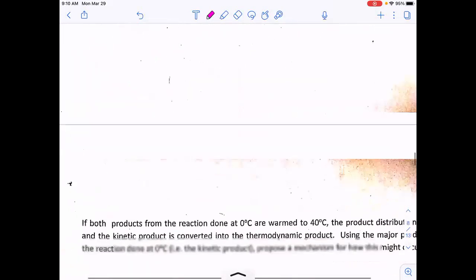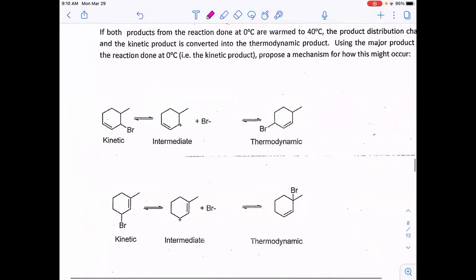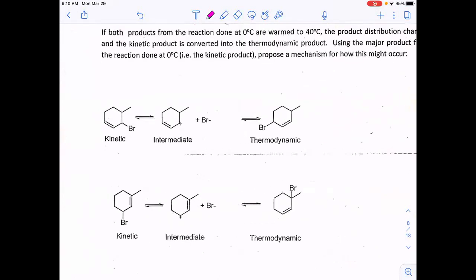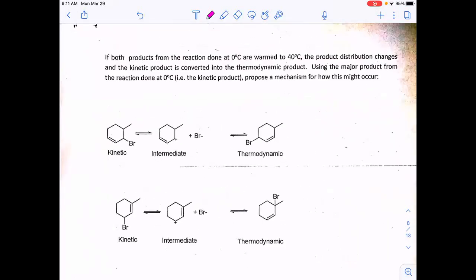So let's do this last question right here, and then we're going to move on to cycloaddition, which is the next topic with conjugated dienes. All right. So if I have the kinetic product right here, and we read the question: both products from the reaction done at 0, warm to 40, then the product distribution changes and the kinetic product is converted into the thermodynamic product. Using the major product from the reaction done at 0, propose a mechanism for how this might occur.